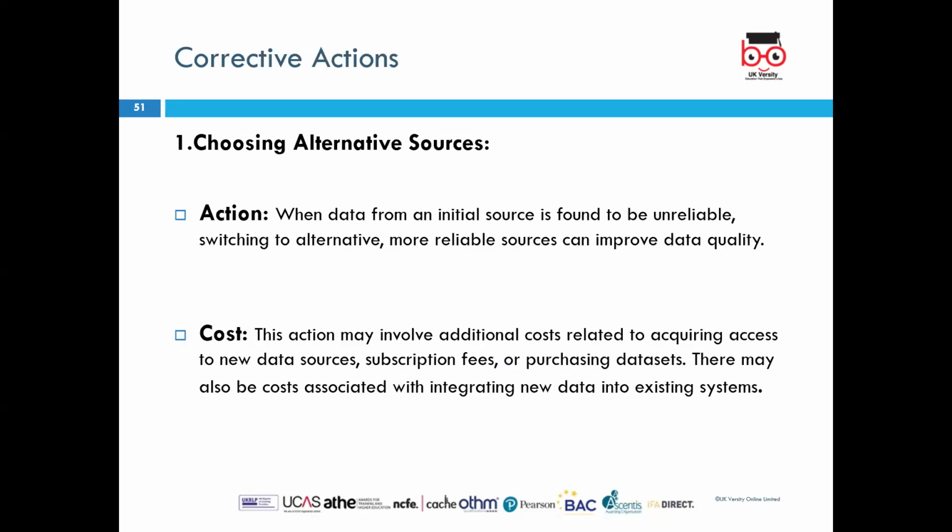How do we correct this? We're going to choose alternative sources where, for example, when data from an initial source is found to be unreliable, we now have to switch to an alternative, which is going to be more reliable than the initial one.